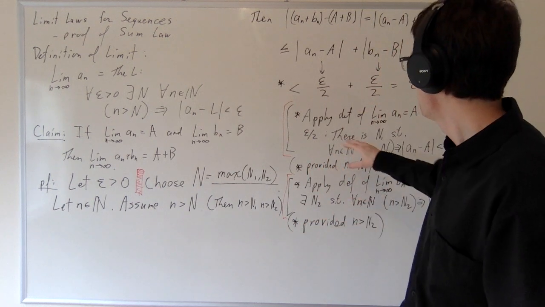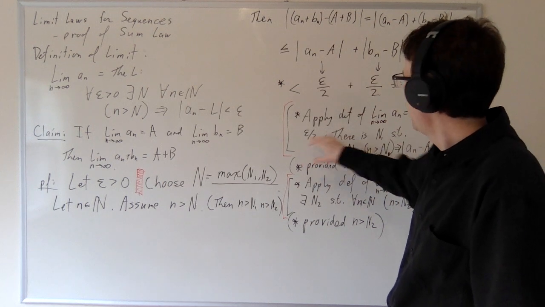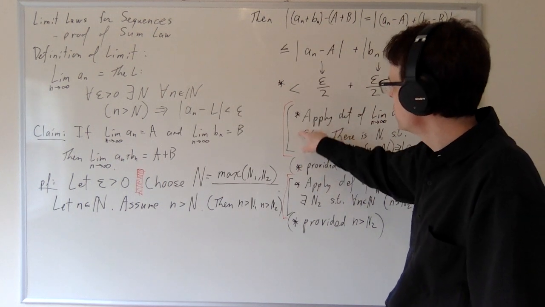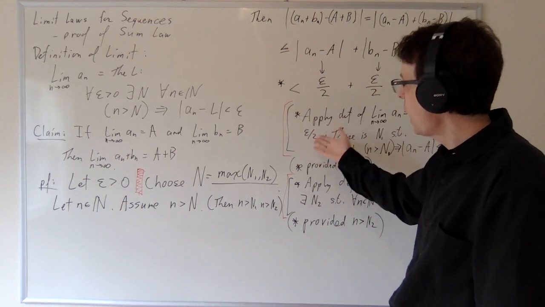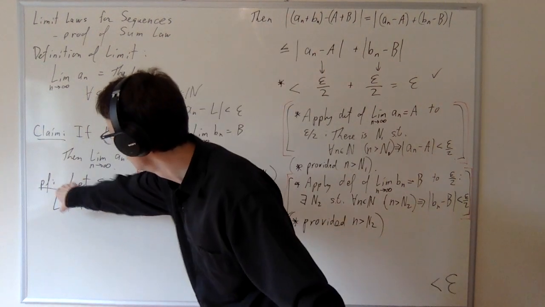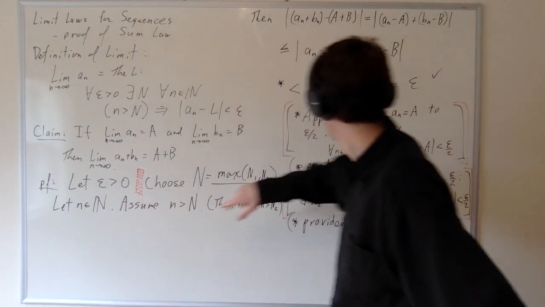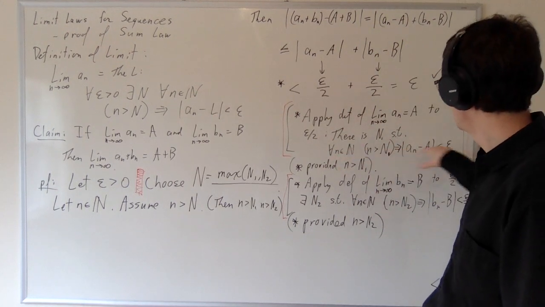So are we okay there? Well, we've applied the definition of the limit to this thing, and we've applied it to epsilon over 2. Notice, in order to apply the definition of the limit to the specific value epsilon over 2, epsilon must be chosen. That's okay. It is by the time we reach here. It's not here, but it is here. There is some cap n1, and this depends on the sequence an, such that this is true.